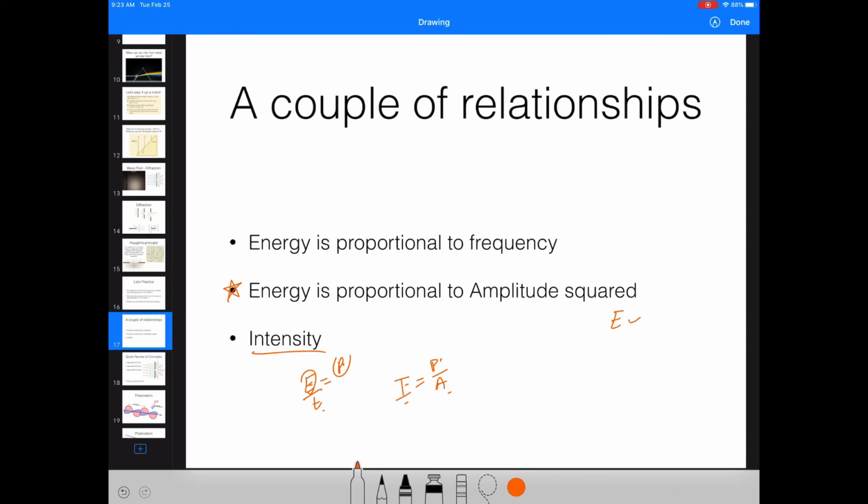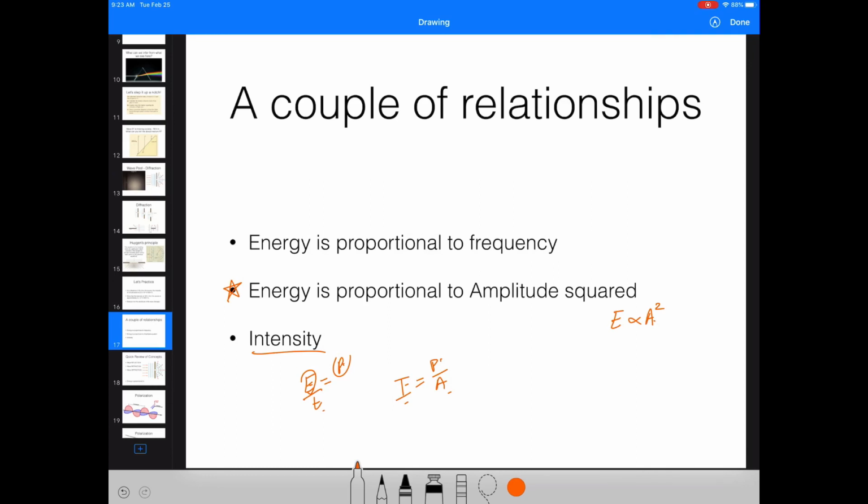So one of the things is that energy is proportional to amplitude squared. We've done a little bit of this before. In math, we're talking about direct variation. So energy has a direct variation relationship with amplitude squared.